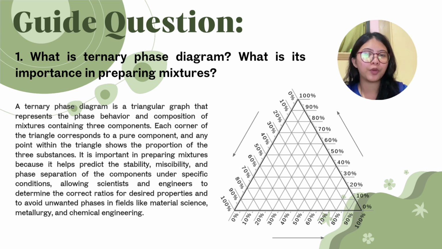It is important in preparing mixtures because it helps predict the stability, miscibility, and phase separation of the components under specific conditions, allowing scientists and engineers to determine the correct ratios for desired properties and to avoid unwanted phases in fields like material science, metallurgy, and chemical engineering.